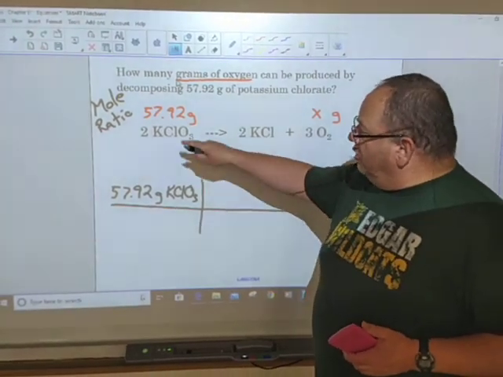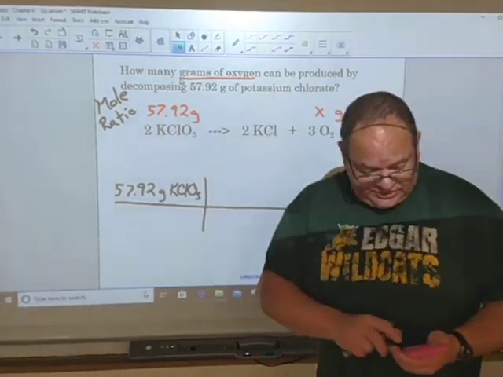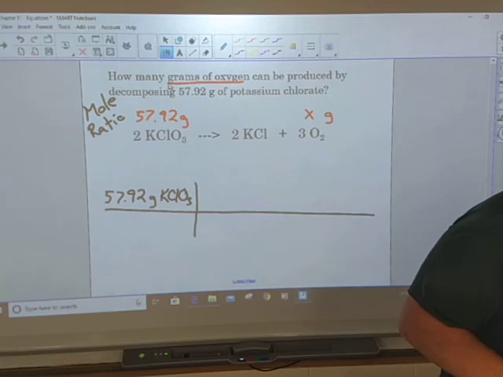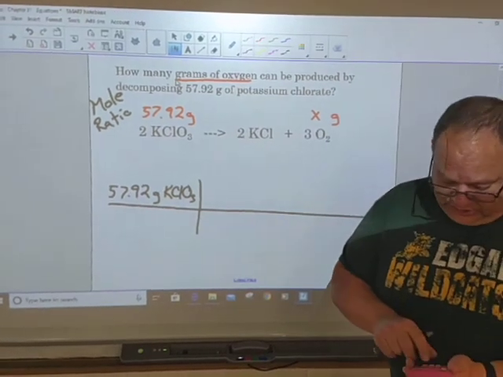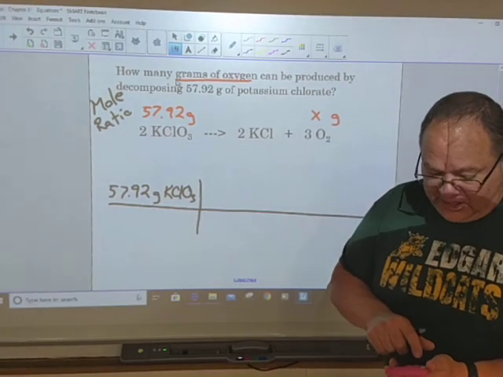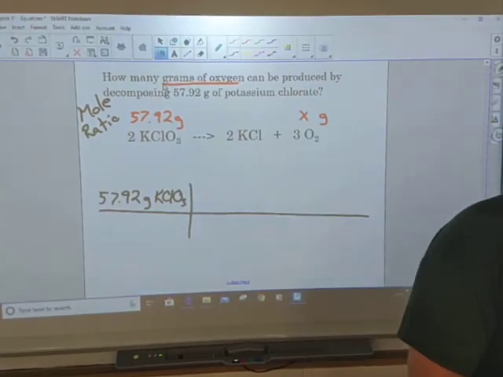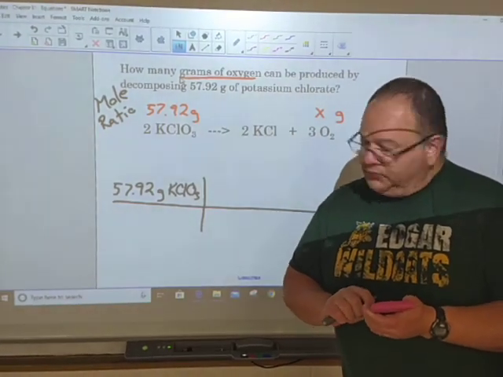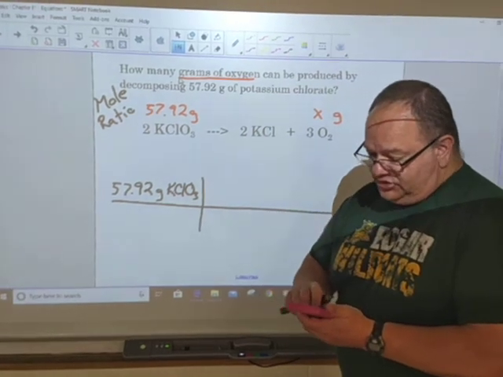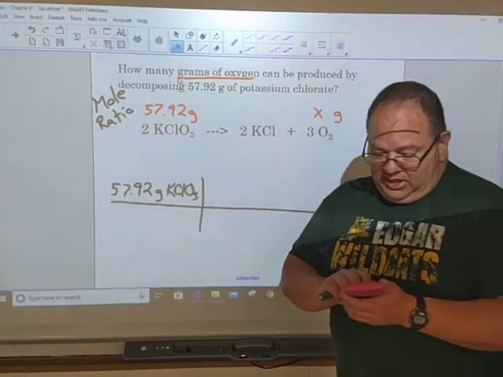I need the molar mass of that potassium chlorate. So that means I've got to add up 1 potassium, and potassium is 39.10. My table has 39.098, so that's what I'm going to use. 39.098 plus 1 chlorine, 35.453, plus 3 oxygen, so 3 times 15.999.